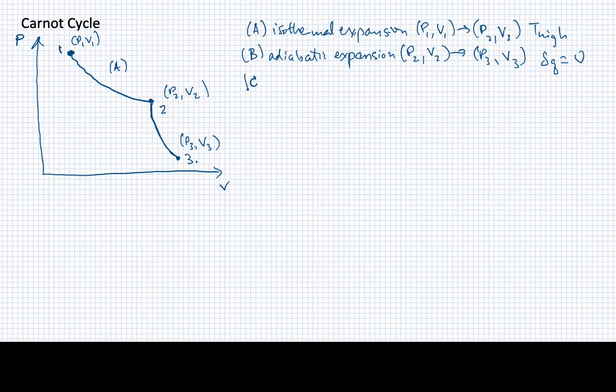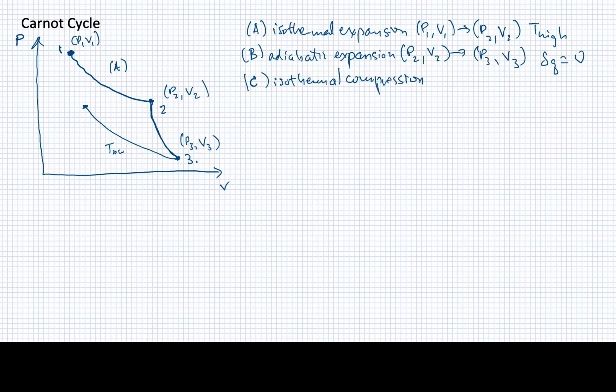Now, the third step in the Carnot cycle is an isothermal compression. What we're going to do is follow an isotherm back up toward where we started. But our isotherm now is at a temperature T low.